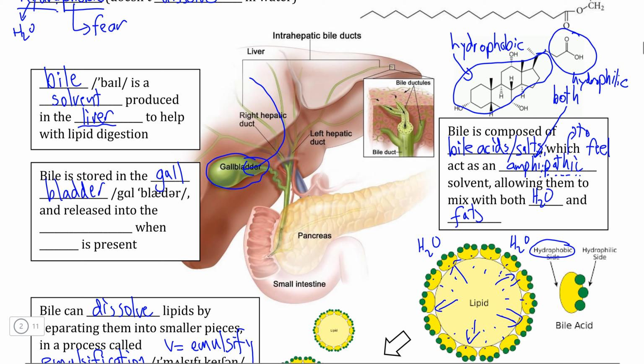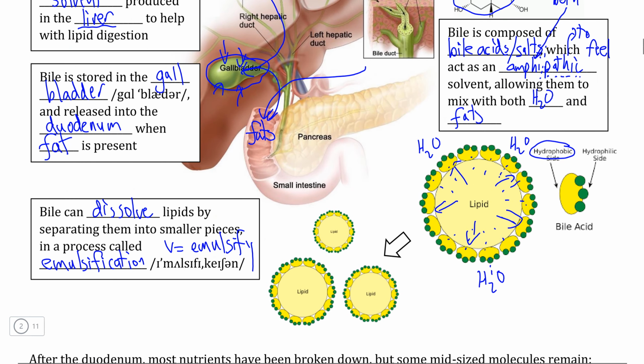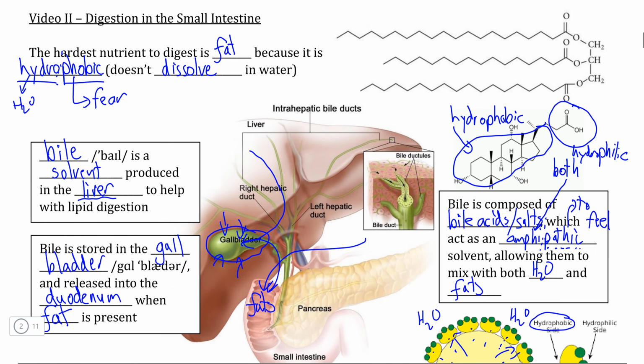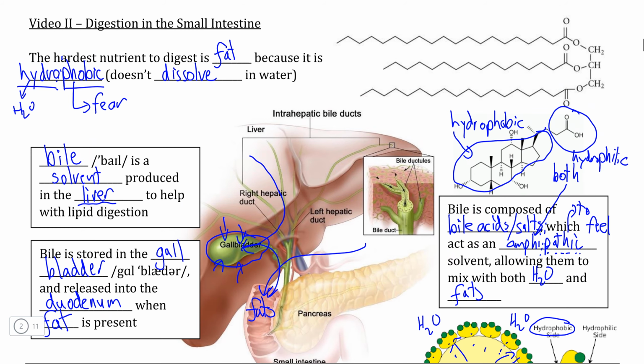And when the duodenum recognizes that fats are being pushed from the stomach into the duodenum, the duodenum sends a signal to the gallbladder to contract and therefore push the bile that it has stored into the duodenum in order to help emulsify the fats that have entered the duodenum and therefore make it easier for the pancreatic enzyme lipase to actually chemically break down a triglyceride into 3 fatty acids.